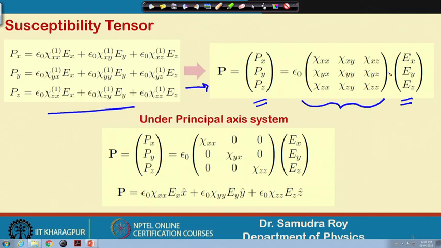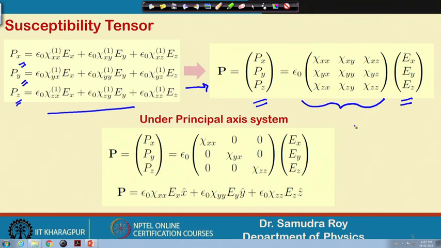These have some components, and these components are basically related to the displacement due to the launching of the electric field. Now these components are here in this particular matrix, 9 components are there, but we know that any matrix can be suitably modified under a proper coordinate system.